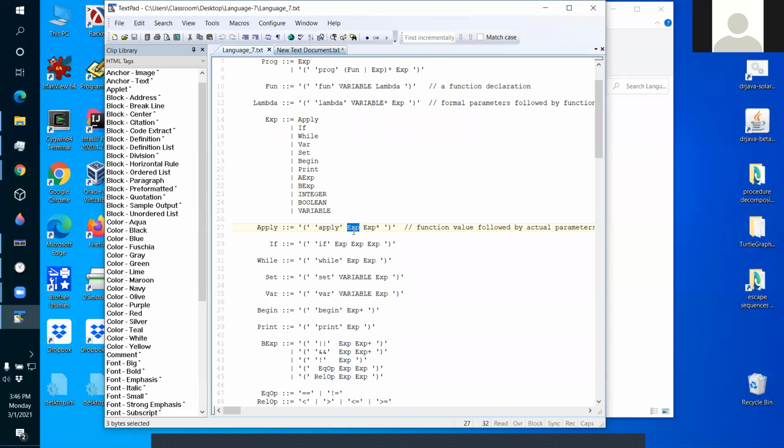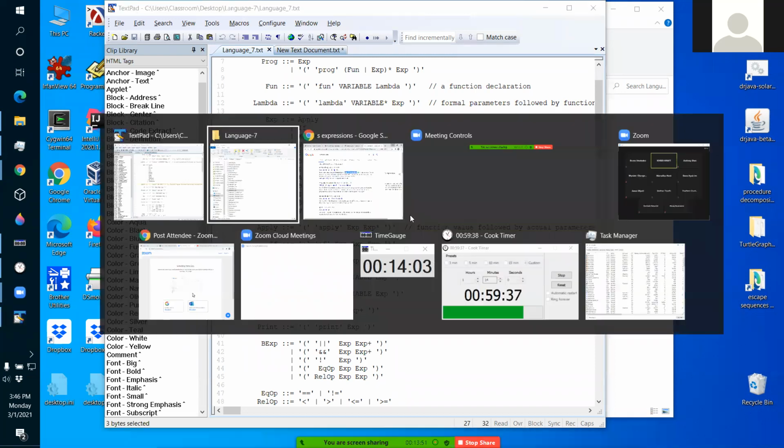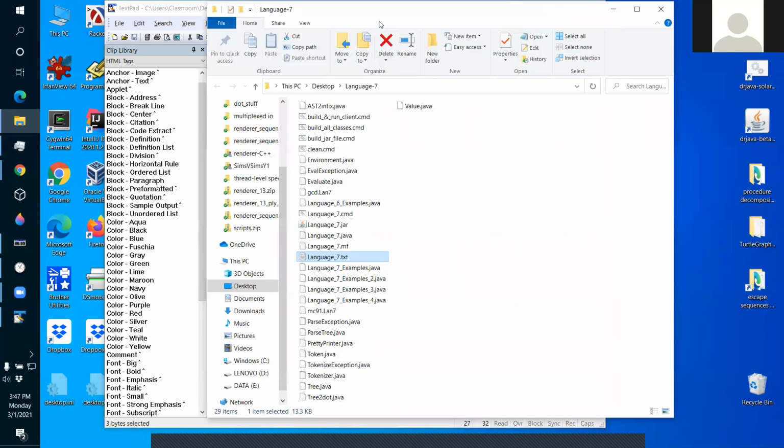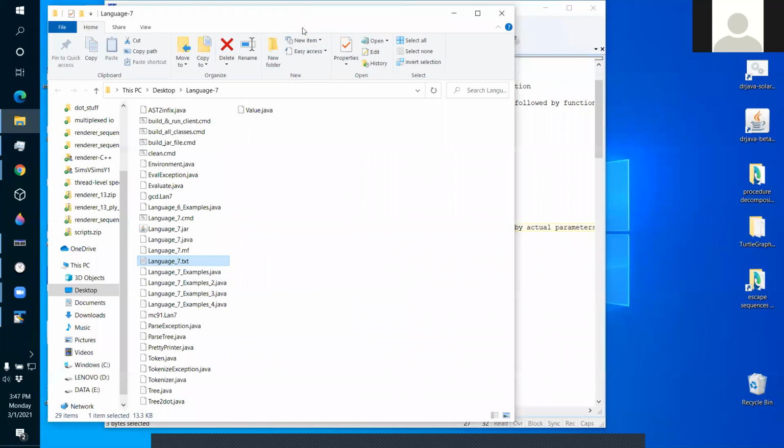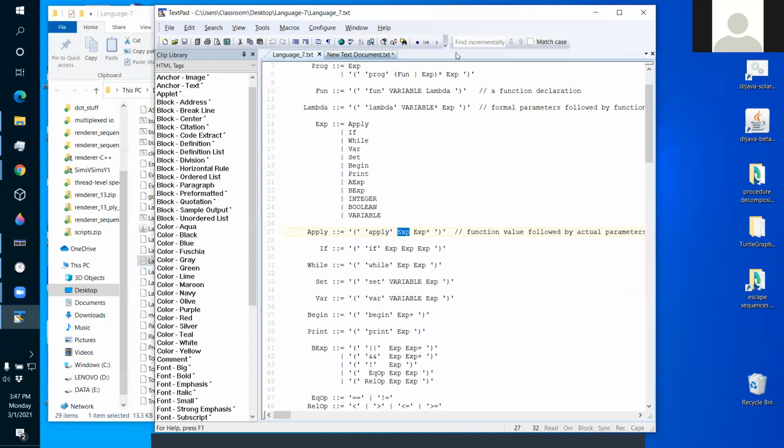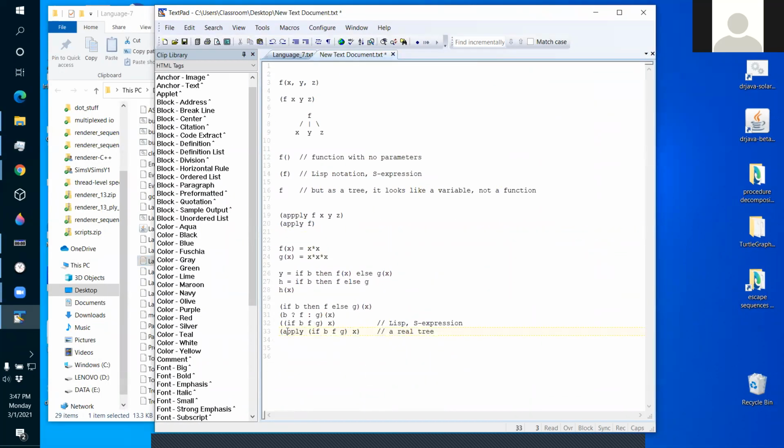The simplest case is just the name of a function, but the language actually allows this to be any expression that evaluates to a function. So it allows things like this guy here: apply this funny little Boolean that says, if B is true, give me back the function F, otherwise give me back the function G. Then whichever function you get back, apply it to X.